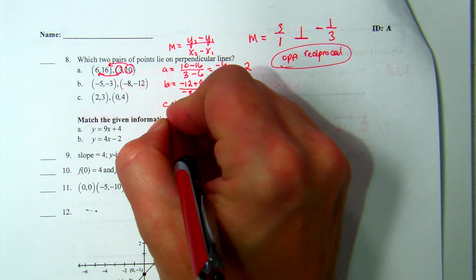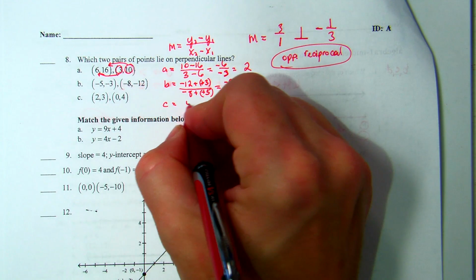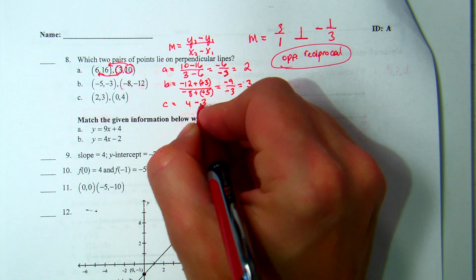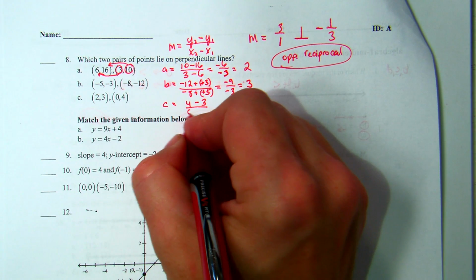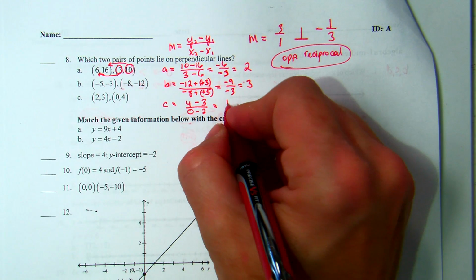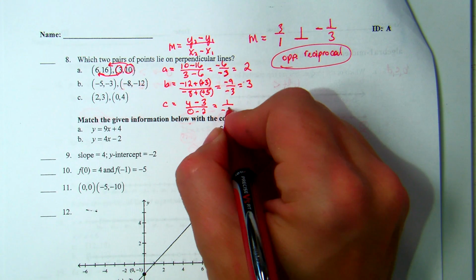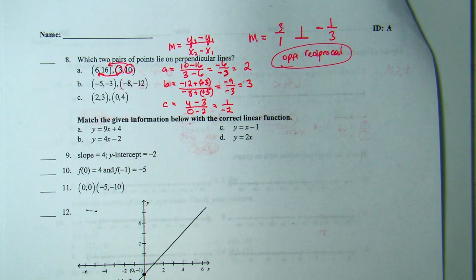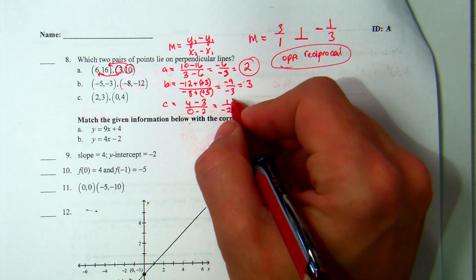So let's work number C, or letter C. C is going to be 4 minus 3 all over 0 minus 2. Well, 4 minus 3 is just 1. And 0 minus 2 is a negative 2. So, did we find our perpendicular lines? Yes.